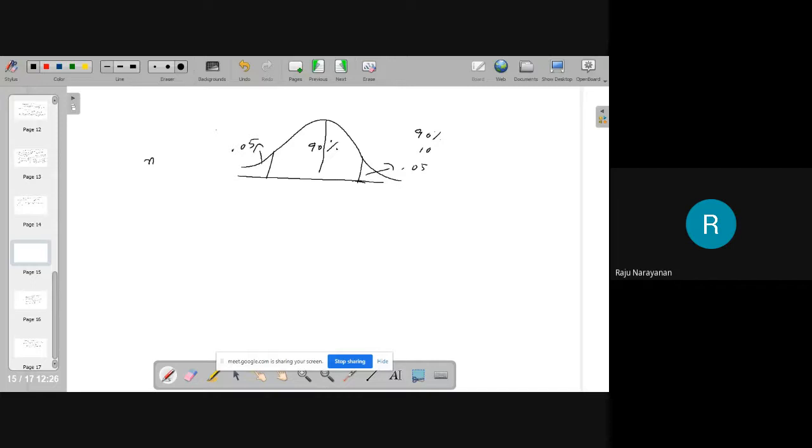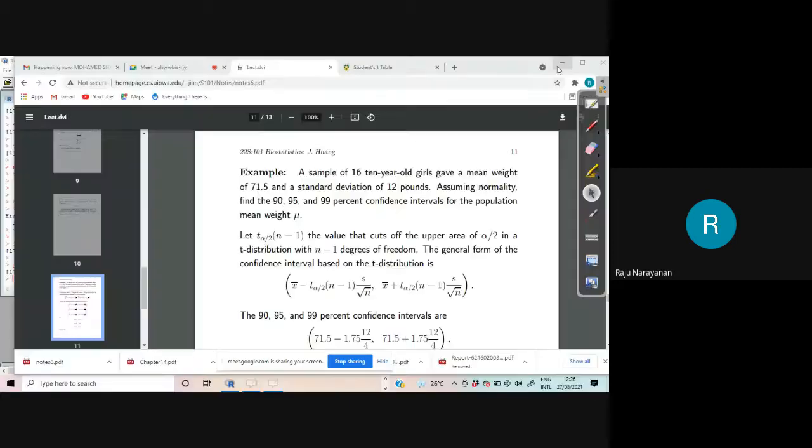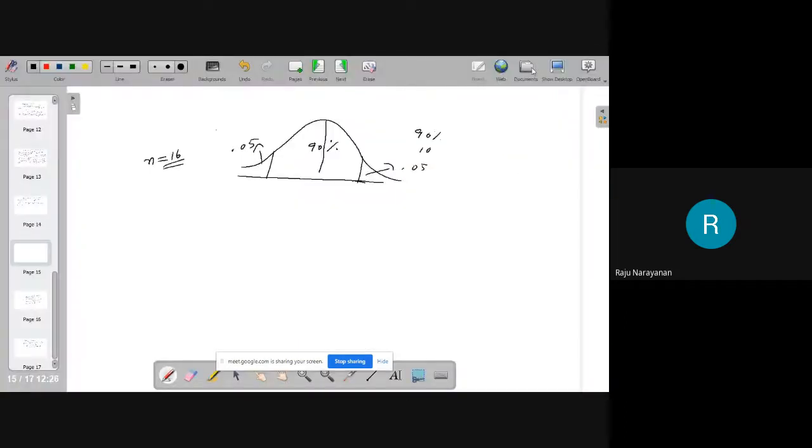Therefore, what is the degrees of freedom? N is equal to 16. You need not worry about square roots, that is why it is taken as N equal to 16.